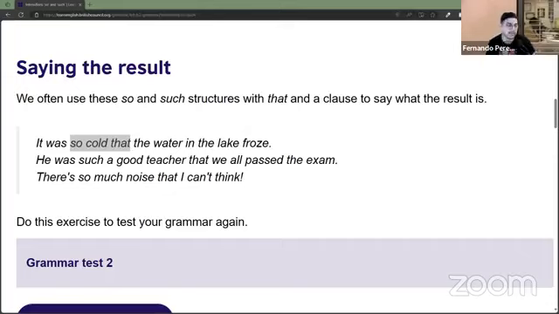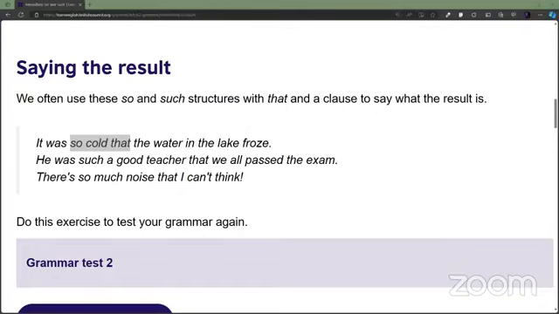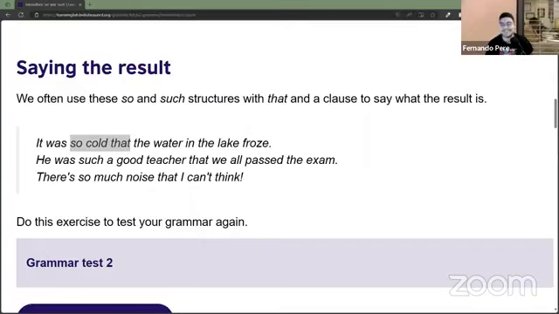Or I was so stressed out that I went out for a drink. I was so stressed out that I became an alcoholic.